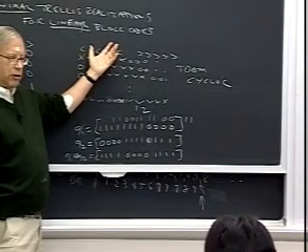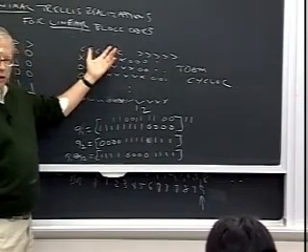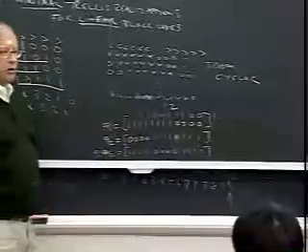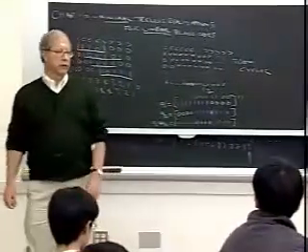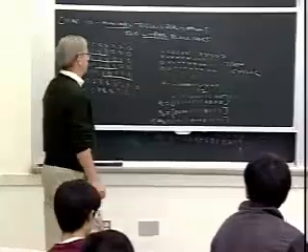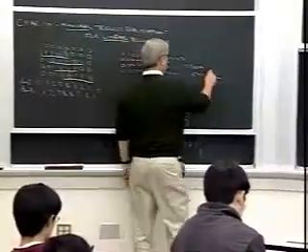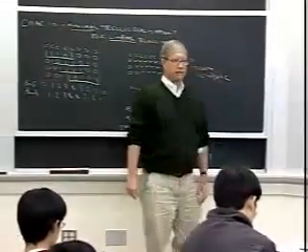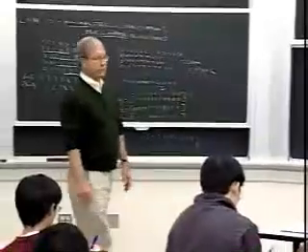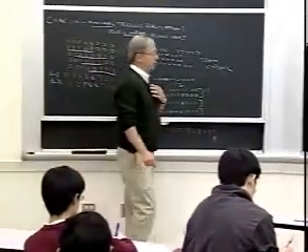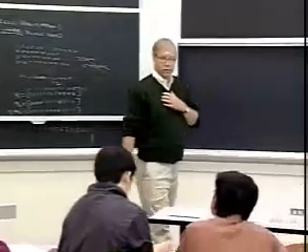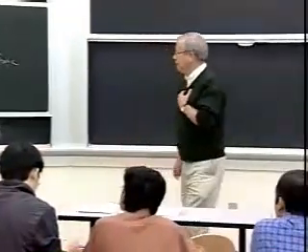Or if it's a high rate code, it means it's going to be 2 to the n minus k. And again, you get no improvement over simple exhaustive minimum distance decoding, or maximum likelihood decoding. So cyclic is very bad from a trellis point of view. Okay. All right. So I think that's about all the general comments I can make.